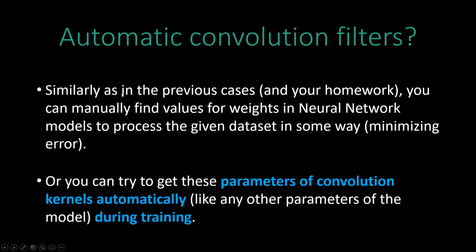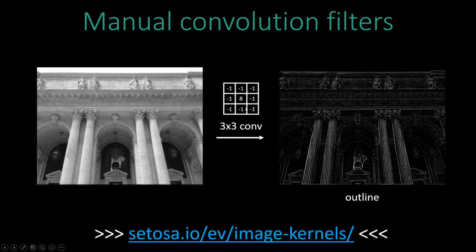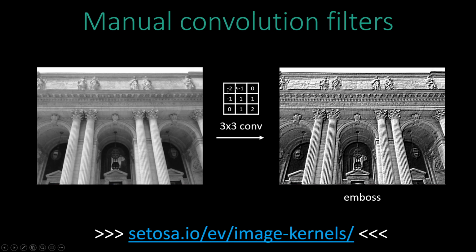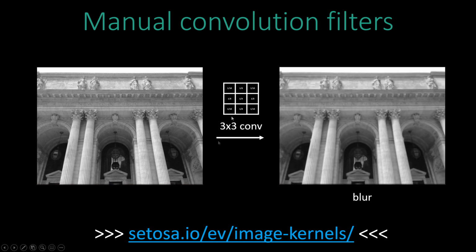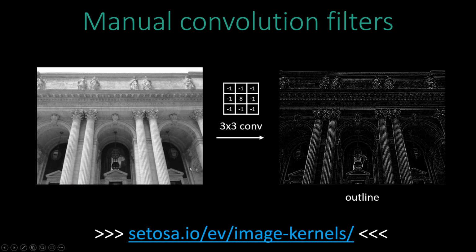You could do something similar here, where you manually find these values, and people have done this. So these are ones which have been found manually or theoretically, and then you could apply these already to pre-process your image.